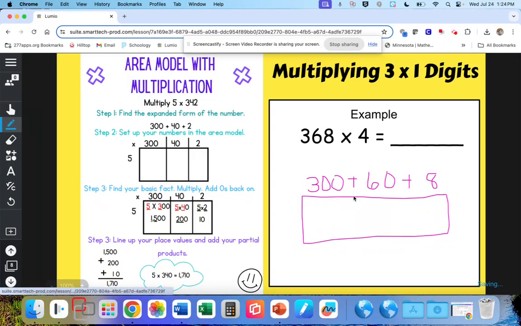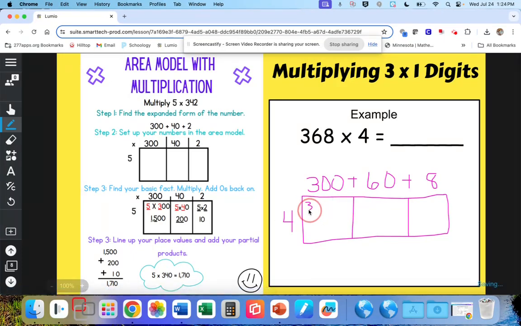And everywhere I drew a plus sign, I am going to draw a line in that box. And then my 4 is not needing to be expanded, so I'm just going to put the 4 on the side. So now we're doing the area model, where we find the top number times the side number.